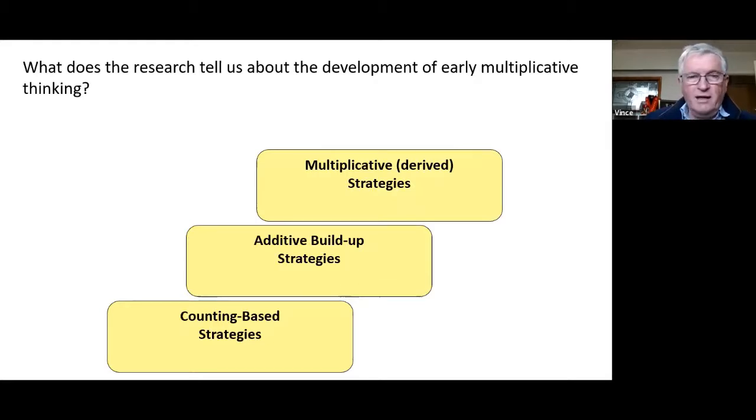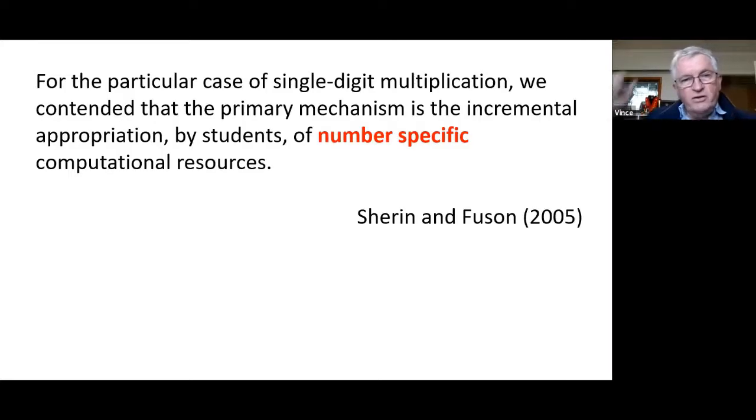My favorite and more recent piece of research about the growth of early multiplicative thinking is Sheeran and Fewson's. And they're basically saying, hang on a minute, it's not that clear cut. What happens is that students gradually get more sophisticated as they go, on the basis of the more knowledge they get, the more they understand, the more efficient those procedures become.